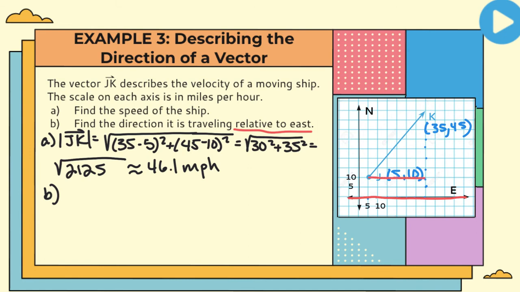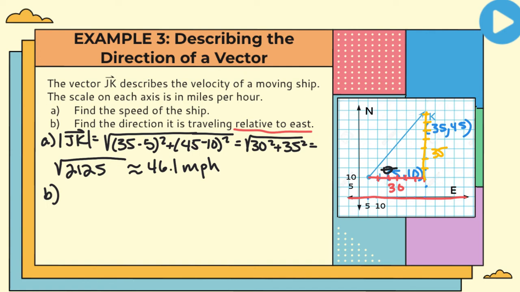We can see that this horizontal length, if we count by fives, is 5, 10, 15, 20, 25, 30. We can also easily see that the vertical movement here is 5, 10, 15, 20, 25, 30, 35. So we have these two very clear, distinct lengths.